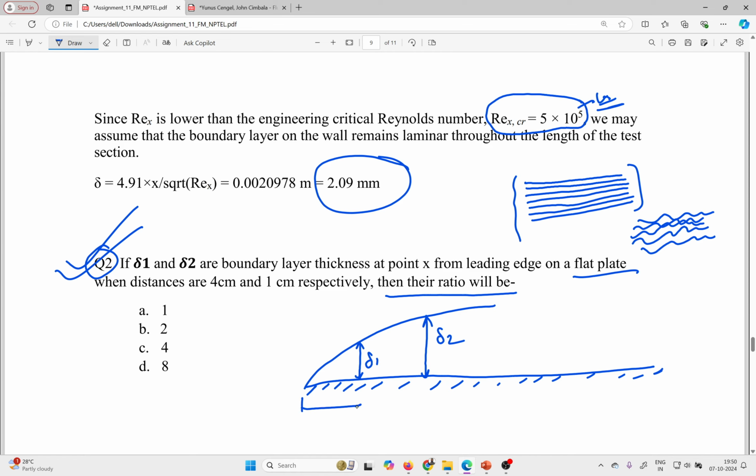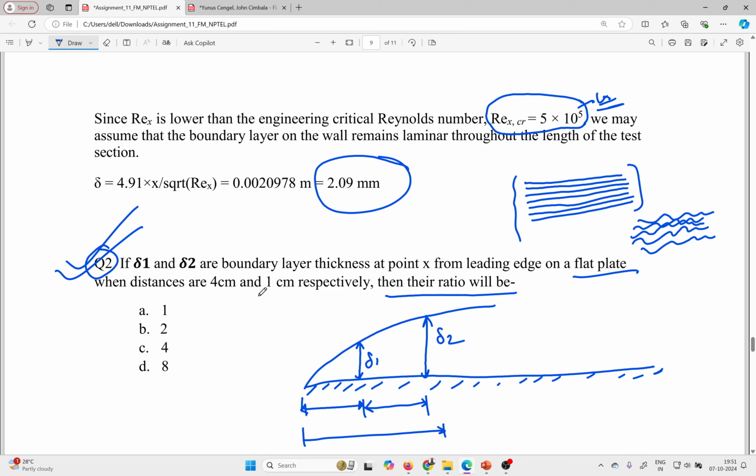This means their ratio is actually talking about, if this is delta 1 and this is delta 2, from here this distance how much, from here this distance how much.